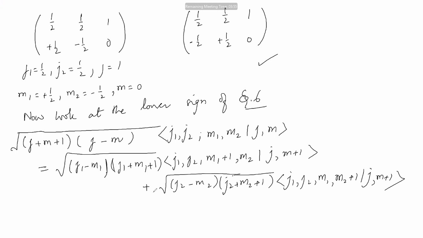Now notice, what is my J? J is 1, M is 0. So what is the left hand side?